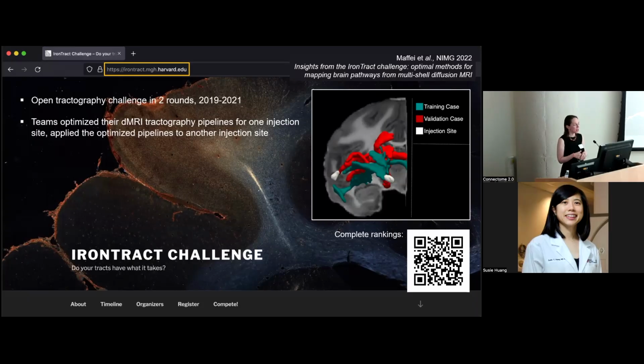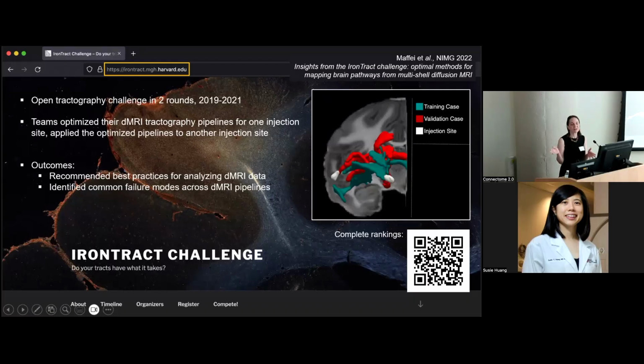And so some of the basic outcomes of that effort was that we came up with recommended best practices for analyzing diffusion MRI data. You can see more in this paper by Chiara from 2022. And also, we identified some common failure modes, areas in the brain where tractography goes wrong consistently, regardless of what specific tractography or pre-processing method you use.